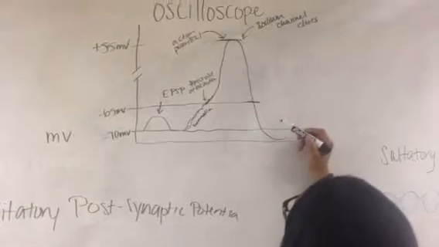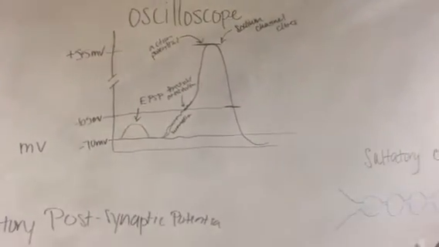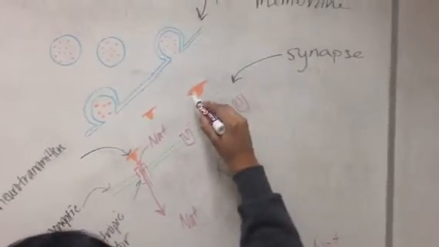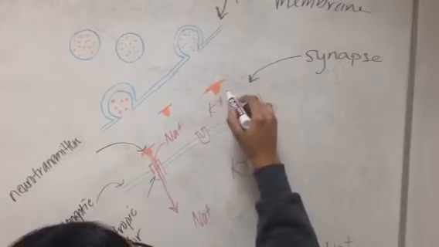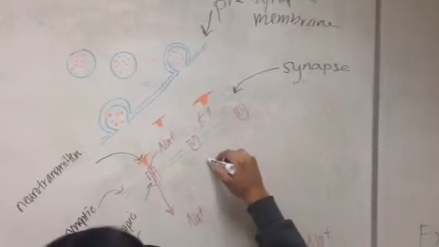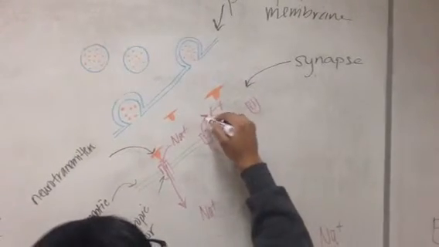Potassium is leaving the cell. So now we have the flow of sodium in and potassium out.